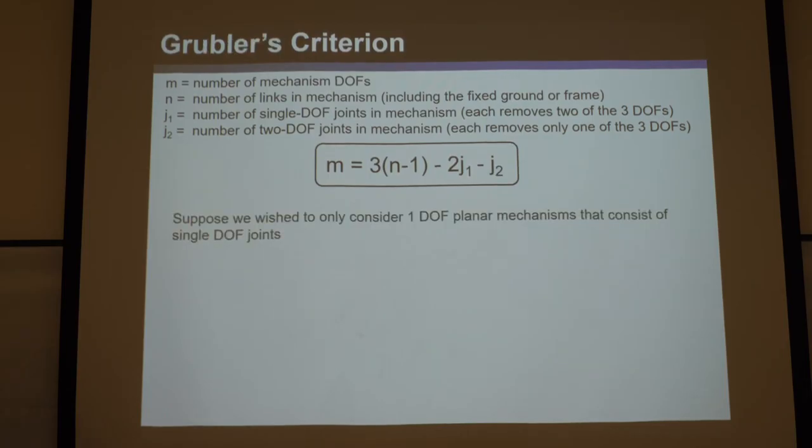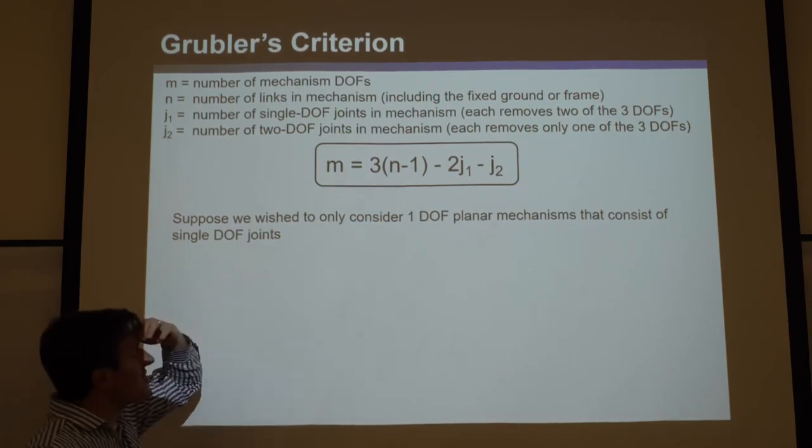Okay, so Grubler's criteria. Grubler had also a very famous equation, but his is more specific. It's basically doing the same thing as Kutzbach. This is Kutzbach up here that you should memorize, right?